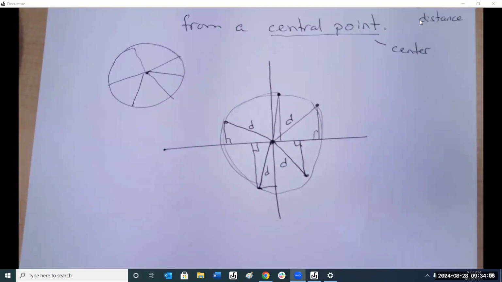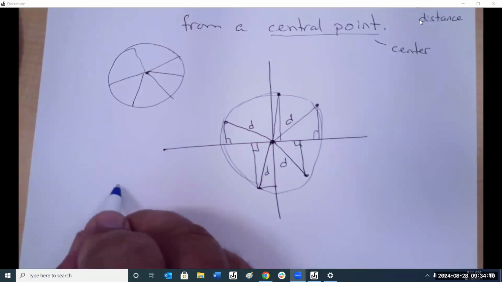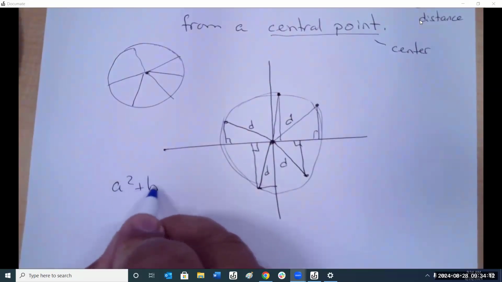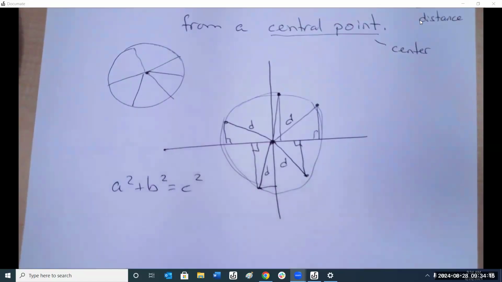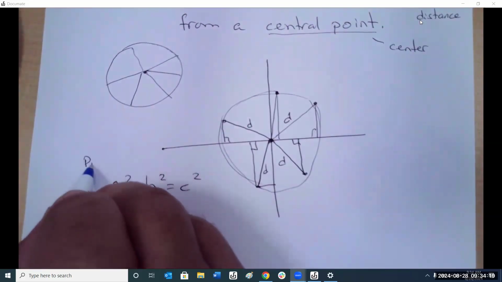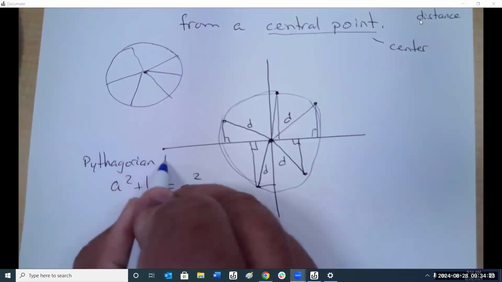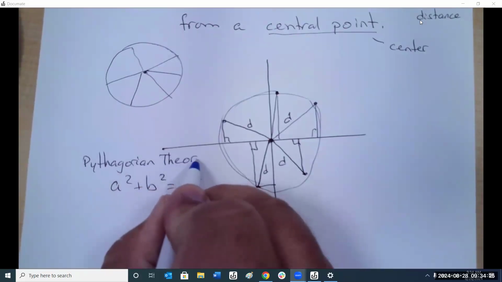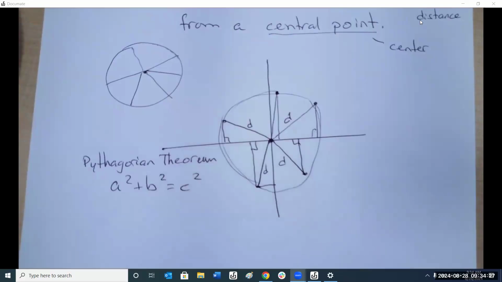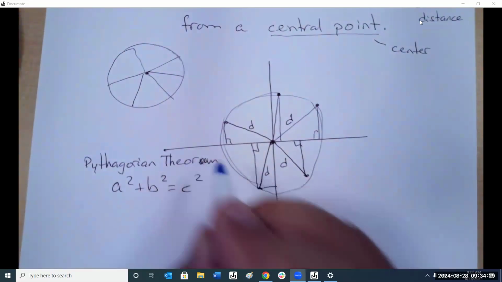So what formula do we use to define these triangles? The distance formula, the Pythagorean theorem.